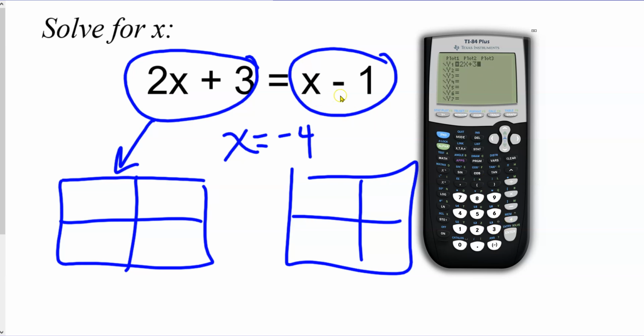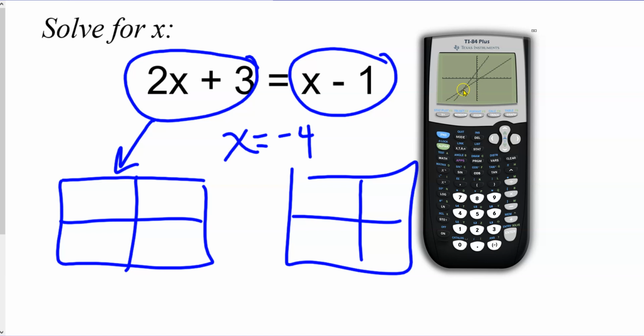In the second equation, I'm going to put x minus 1. So to get to that second equation, I use the down arrow that's right here. And I'm going to punch in x minus 1. So I have two equations in my graphing calculator. Now I'm going to hit the graph button. It's in the upper right hand corner. I hit graph. It graphs the first side, then it graphs the second side.